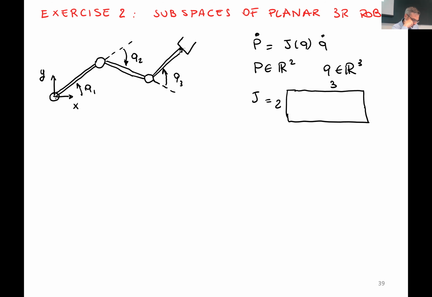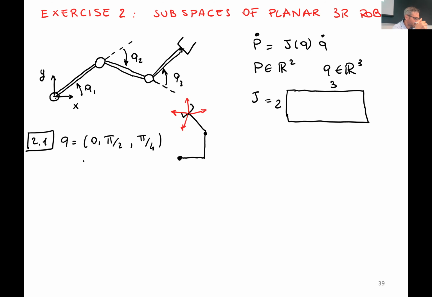If we want to analyze the range space and the null space for this robot at some specific configuration, one is a singular configuration, one is the non-singular one. Let's start with the non-singular one. So we know that a singular one is whenever the arm is completely extended or is folded, and this is a generic one.